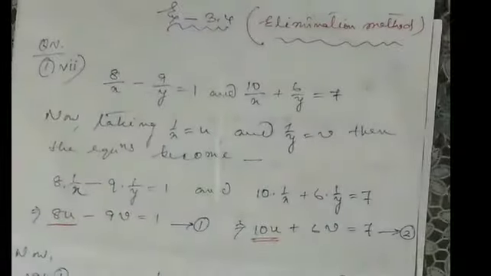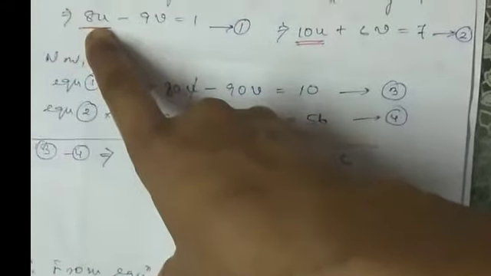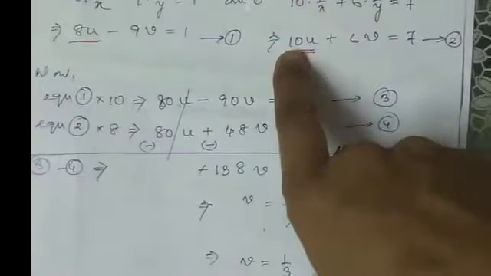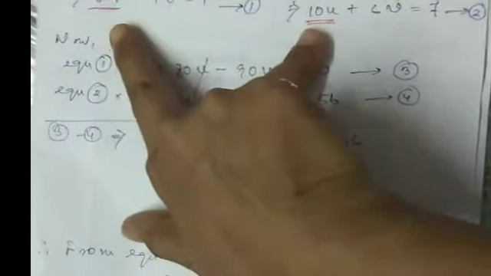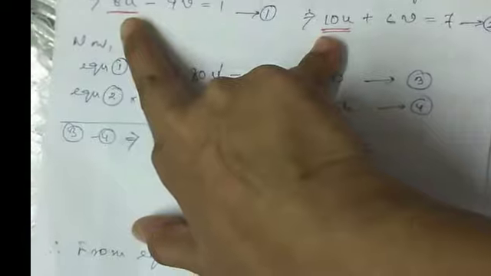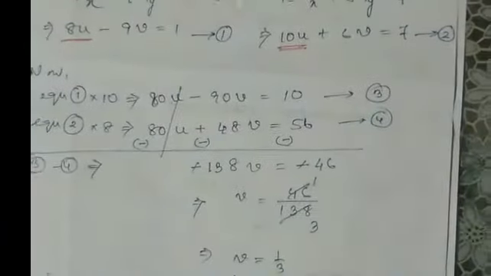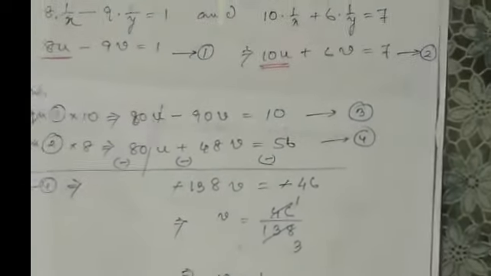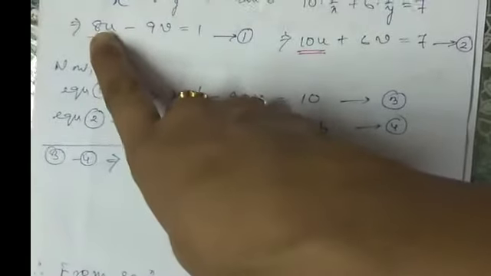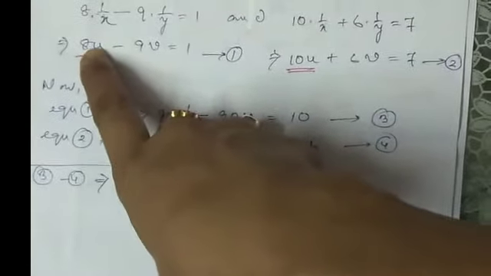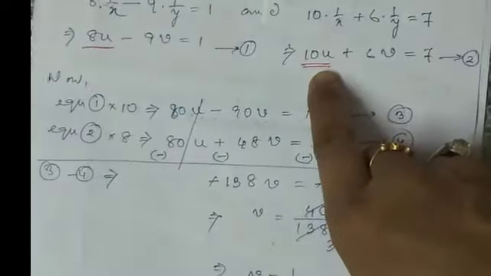Now what is the elimination method? Elimination method means any one of the variables you need to make equal by their coefficients. Okay, so here the coefficient of u is 8, and here the coefficient of u is 10.